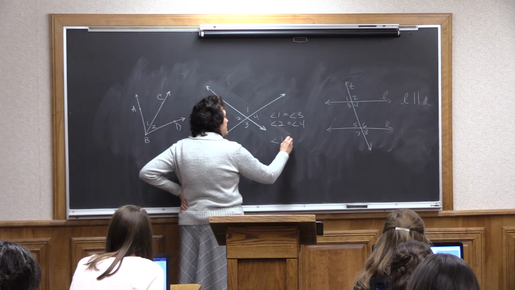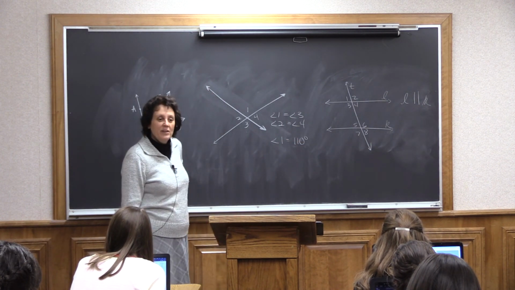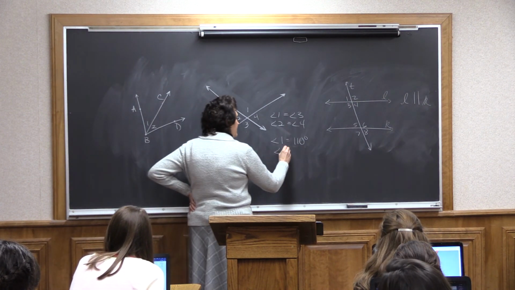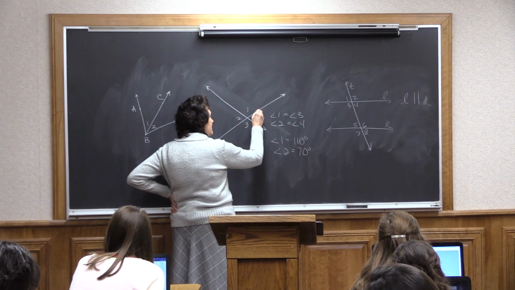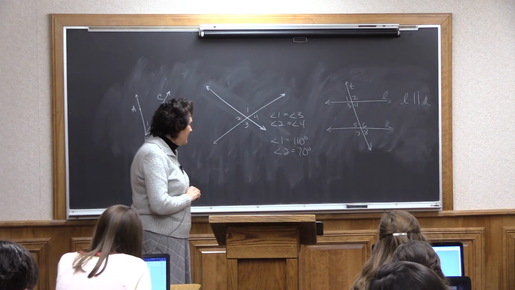If angle 1 is 110 degrees, just let's say, what is angle 2? Morgan? 70 degrees. Why? Because it's complementary. Not complementary. Supplementary. All right.